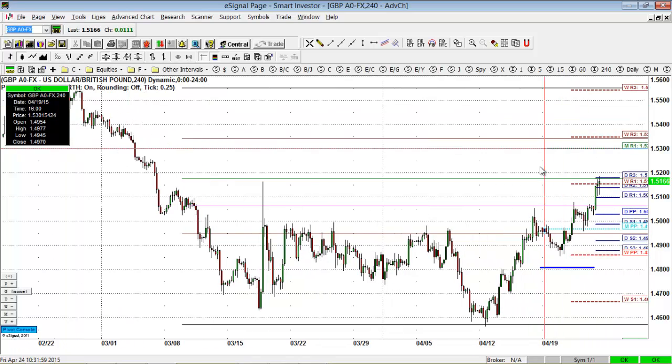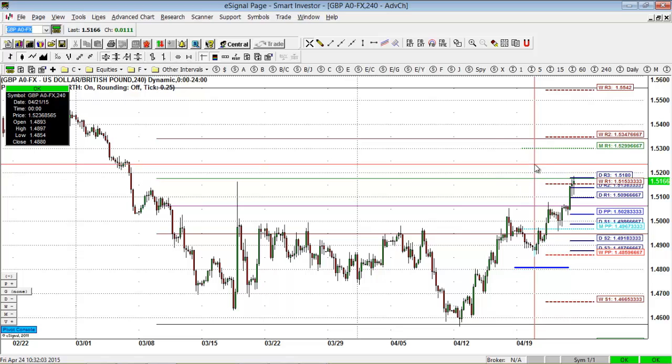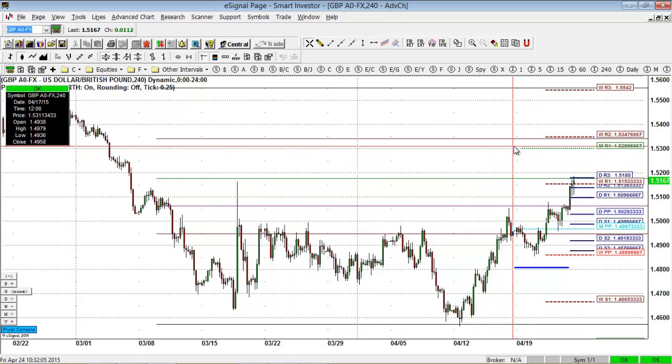For the bulls to gain further traction, we'll want to see the market continue to rally. And just remember that the monthly pivot point level is also at 152.99. So conceivably, next week we could see the market rally further and try to challenge that monthly pivot point area.